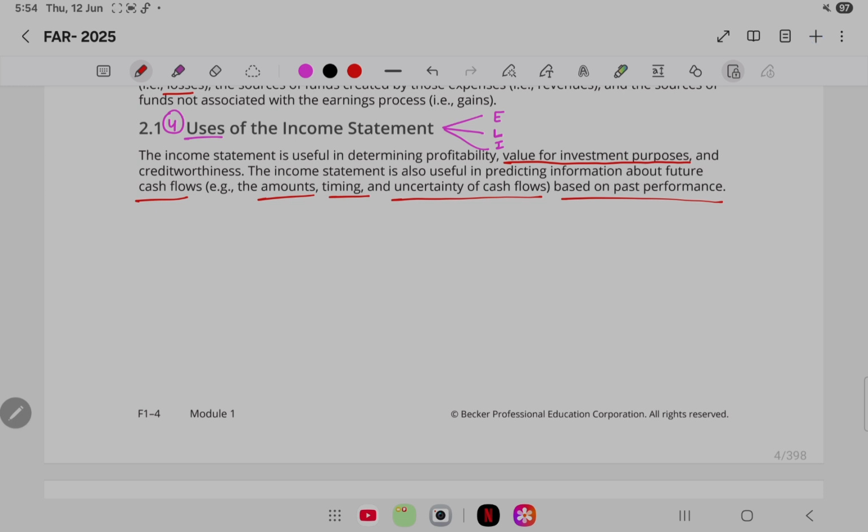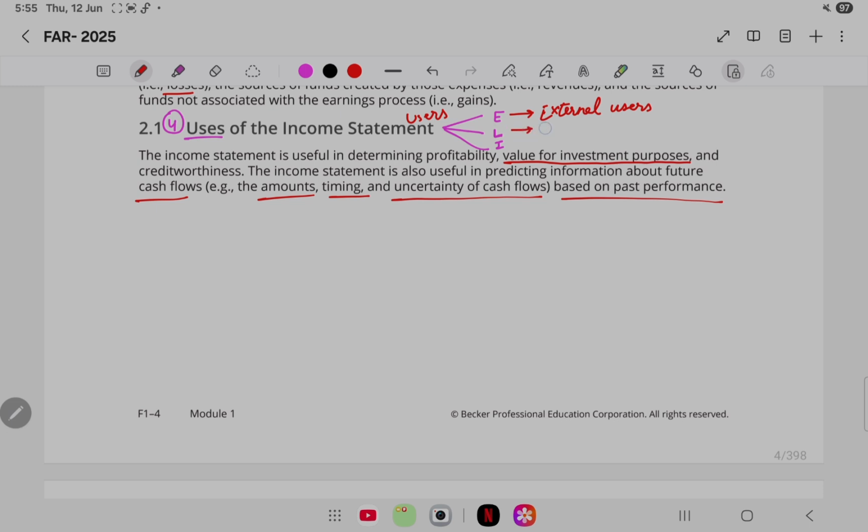So who are the users of the income statement? First are external users. Who are they? They are the investors, common or preferred stockholders. Basically, they use our income statement to evaluate our company on the basis of profitability and operating income.